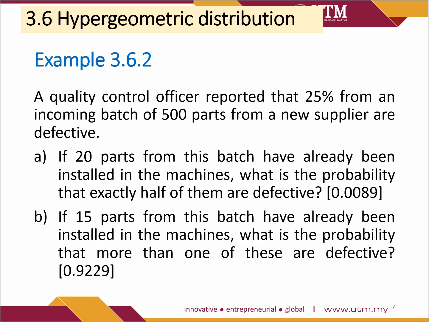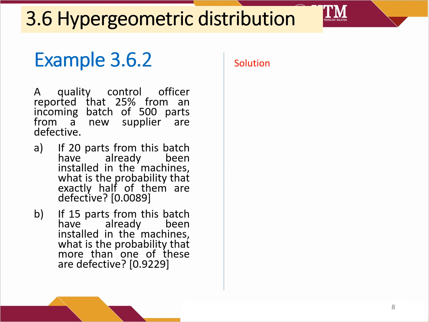Next, let's try another example. A quality control officer reported that 25% from an incoming batch of 500 parts from a new supplier are defective. Here we have the value for the population.